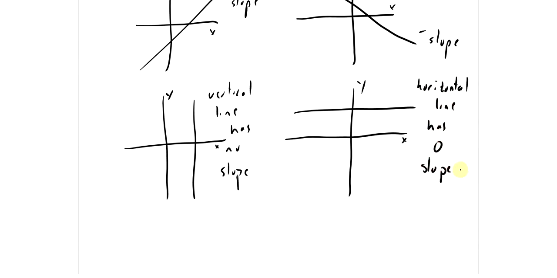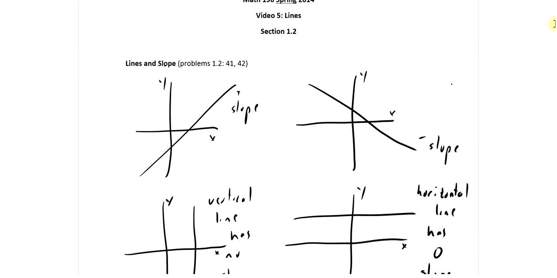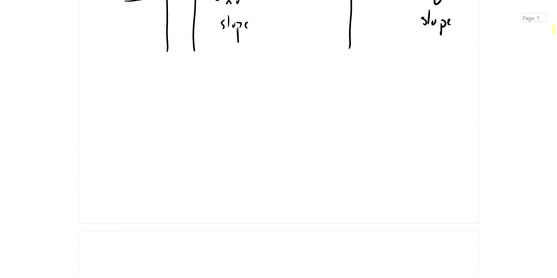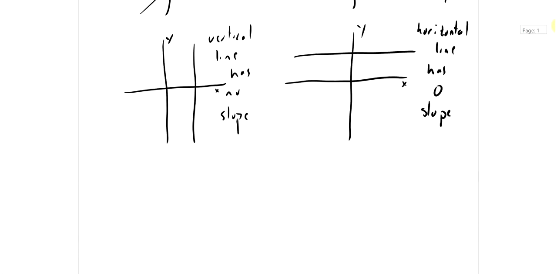Right? So positive slope goes up, negative slope goes down. Vertical lines, we don't say they have any slope. A horizontal line has a zero slope. So, like I said, problems 41 and 42 are dealing with horizontal lines and vertical lines.